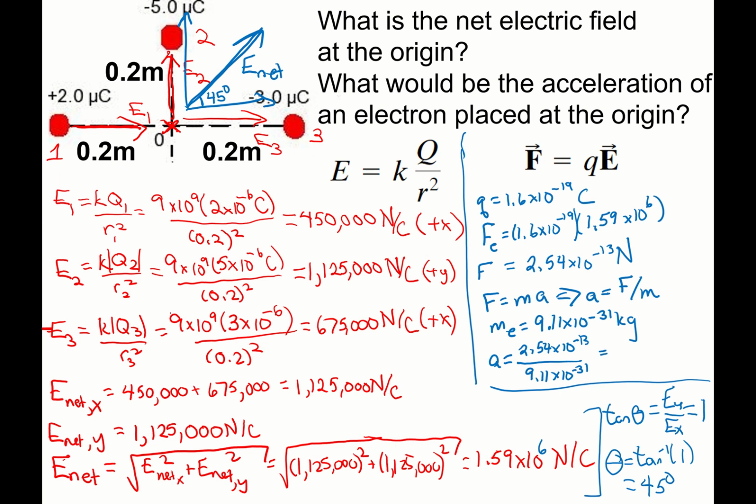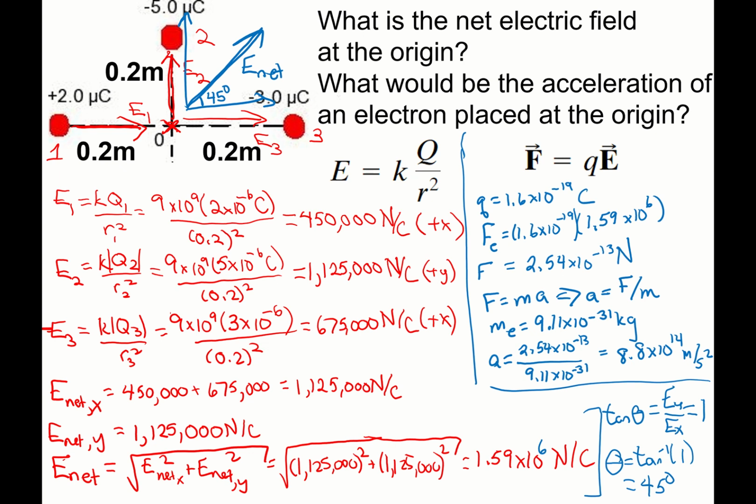And I get 8.8 times 10 to the 14 meters per second squared, a very large acceleration. So that's a very big acceleration from a very small force because the mass of the electron is so small.